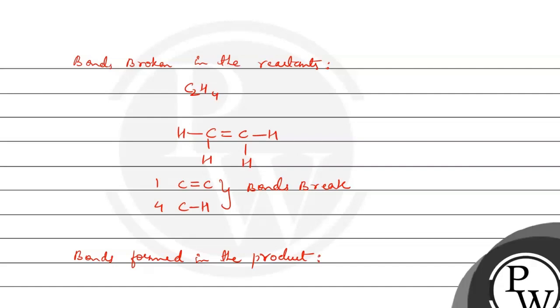So at the product side we have ethane, that is C2H6, and we can write ethane as C single bond C, and each carbon will carry 3 hydrogens on them. So therefore if you see the structure, we should form 1 carbon-carbon single bond and 6 carbon-hydrogen bonds. So these bonds are formed.